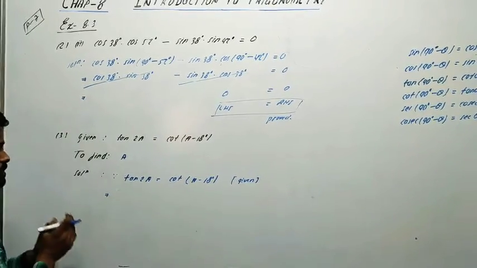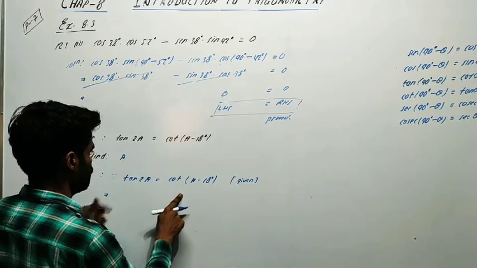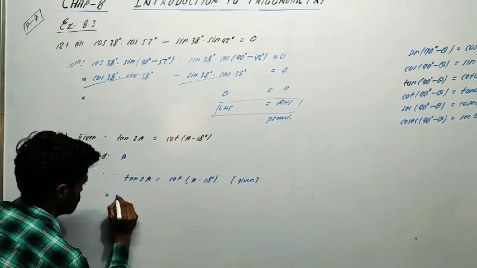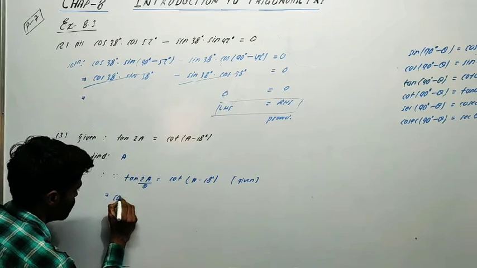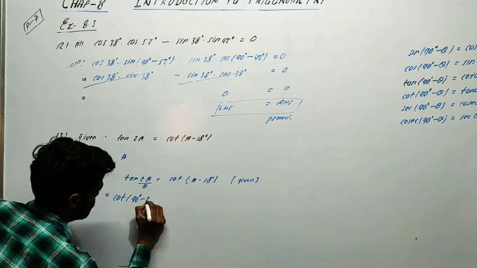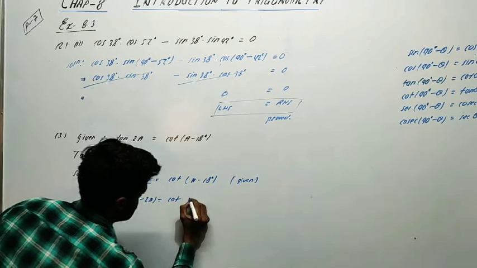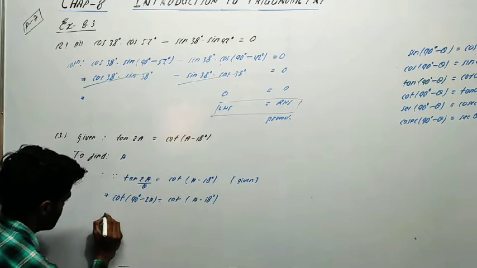Now, we will convert tan in the form of cot or cot in the form of tan. So, if we convert tan in the form of cot, here theta is 2a, tan theta is equals to cot 90 degree minus theta, that is 2a, is equals to cot a minus 18 degree.